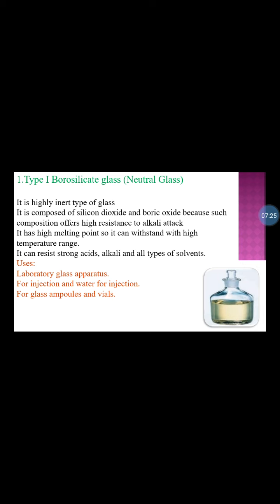It can resist strong acids, alkali and all types of solvents. The uses of type I borosilicate glass are laboratory glass apparatus, injections and water for injections, and glass ampoules and vials.